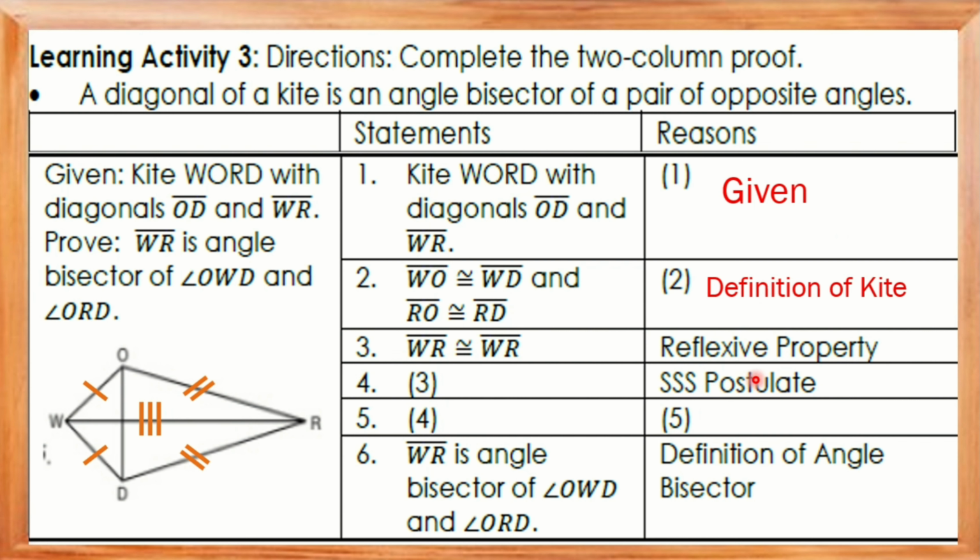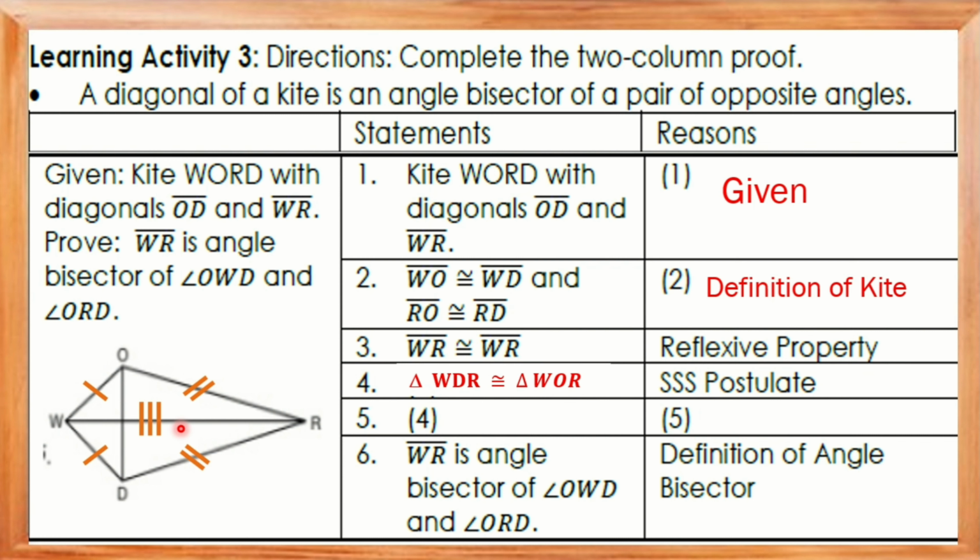Okay, number 4, since nasabi natin na ang WO ay congruent kay WD, tapos si side RO ay congruent kay side RD, at ang WR ay congruent kay WR or sa sarili niya, so, by SSS postulate, so itong dalawang triangle na ito, yung triangle WDR, okay, ay congruent kay WOR, okay, by SSS postulate.